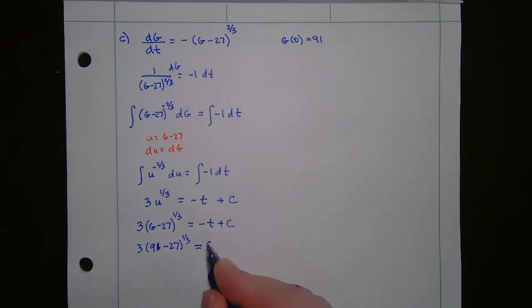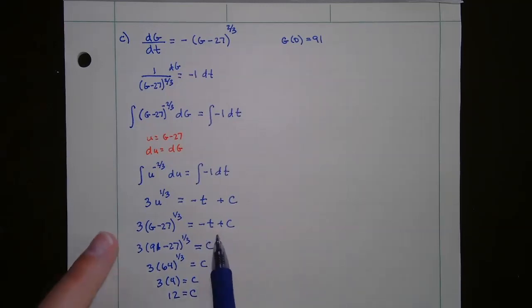So that's just c, okay? So 91 minus 27, that would be 64. So this would be 3 times 64 to the 1/3 power is equal to c, okay? And then, what could you cube to get 64? Well, it'd be 4, right? So this is just 3 times 4, which is equal to c, which means 12 is equal to c, okay?